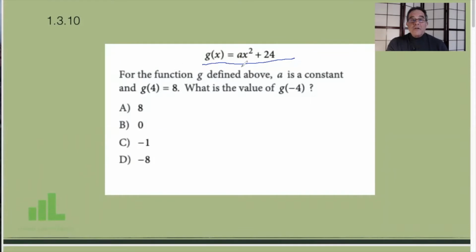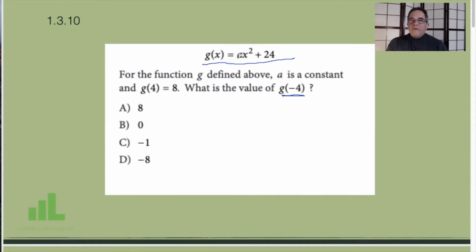For the function g defined above, yeah, that's pretty clear. A is a constant, and g of 4 equals 8. So when x equals 4, this whole mess is going to be 8. What is the value of g of negative 4? Well, you want to jump in there and throw negative 4 in here, but if you do, we have a problem.